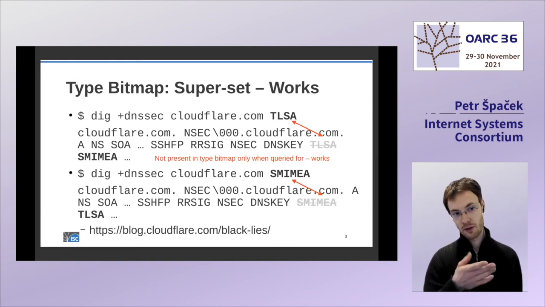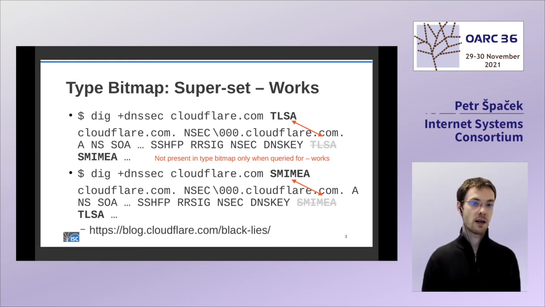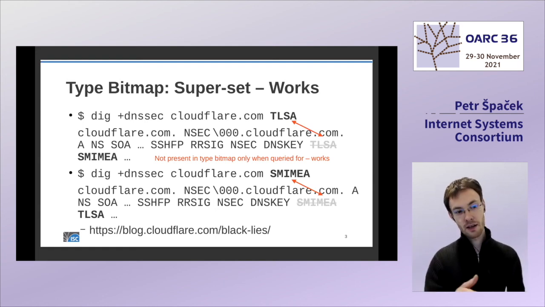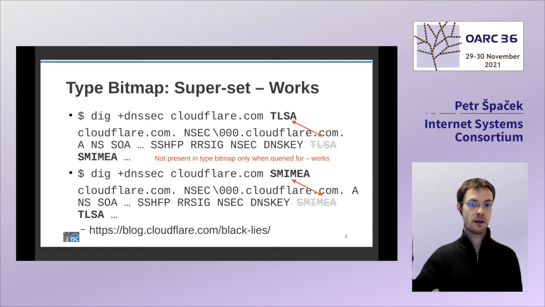So here on the first line, the client is asking for TLSA, and the type bitmap has all the types except for TLSA. Again, when the client asks for SMIMEA, we can see that the type bitmap is again huge, but it has flipped a bit for SMIMEA, which is not present, and the TLSA is there even though it wasn't there in the previous query.